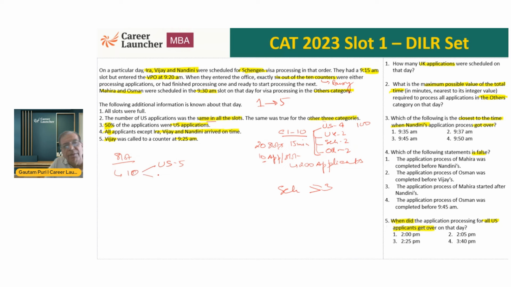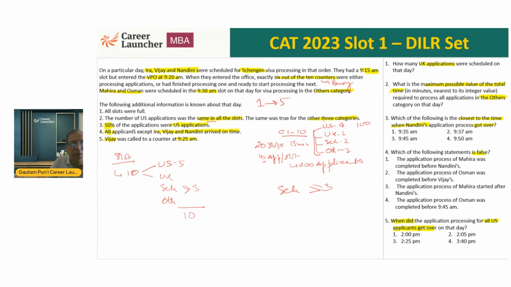So we have UK, we have Schengen, and we have others, and the total has to be 10. Schengen is greater than or equal to 3. Why? Because in one particular slot, Isa, Vijay, and Nandini with the 9:15 slot, they have come for Schengen visa. So the number of applicants for Schengen visa is at least 3.